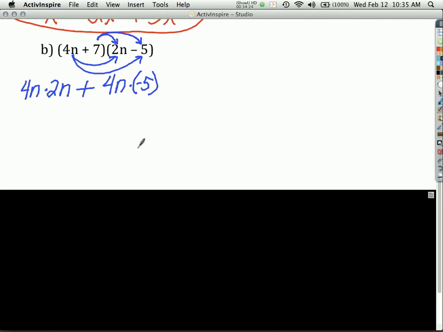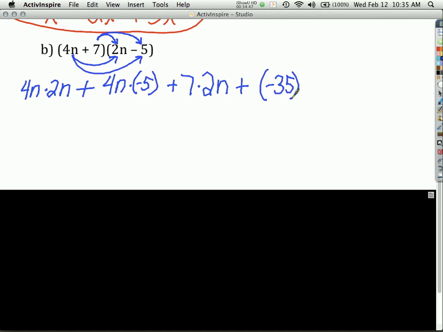So we're done with the first two, now the 7. 7 times 2n plus 7 times negative 5, I can just do that mentally, that's negative 35.